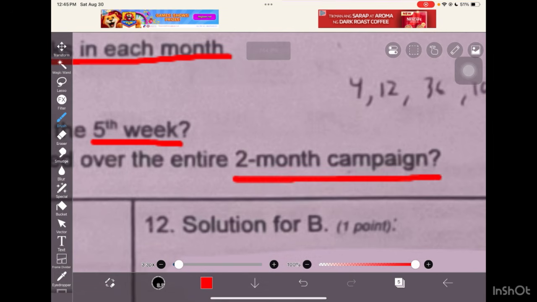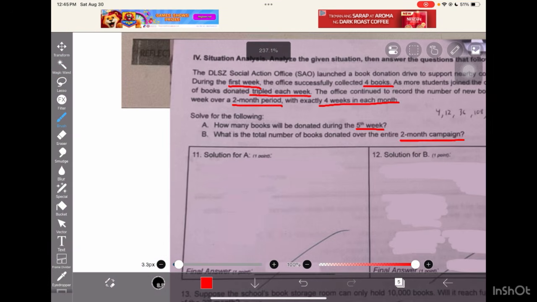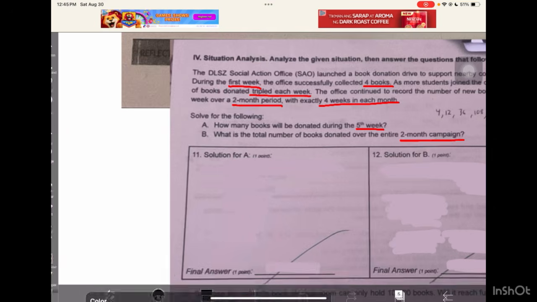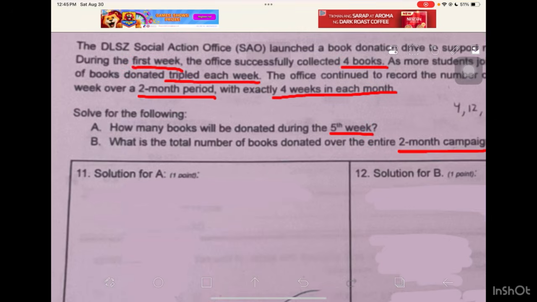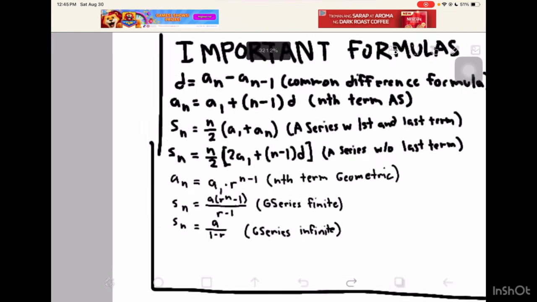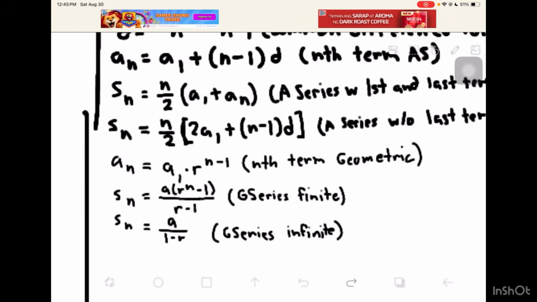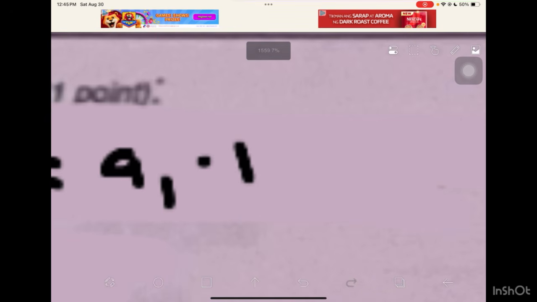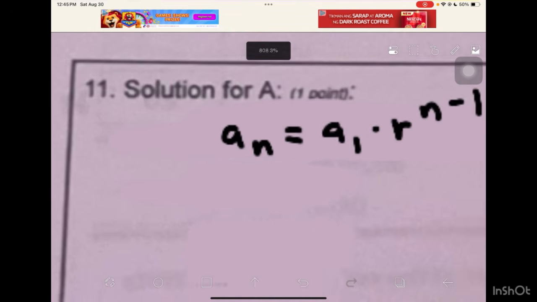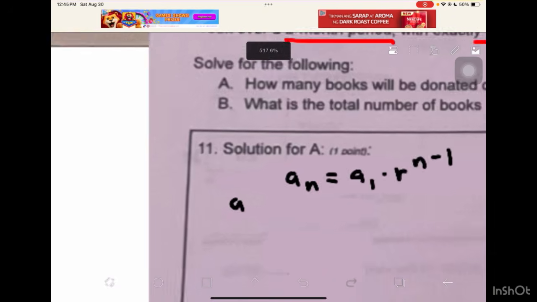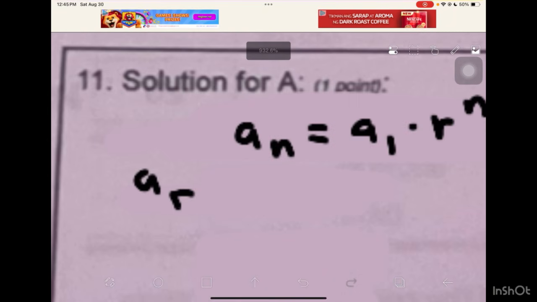2-month campaign. So first and foremost, we need to solve for letter A. Letter A is only looking for how many books will be donated in the 5th week. So therefore, we can use this formula, nth term of a geometric sequence. So A sub n is equal to A sub 1 times R raised to n minus 1. Sorry. So A sub n is going to be A sub 5 because we want the 5th week, right?